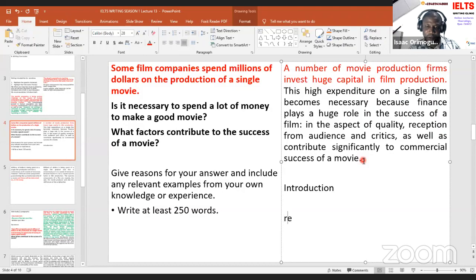Rephrase the question statement. Those are the two things you will do in introduction. Number two is highlight your discussion points.